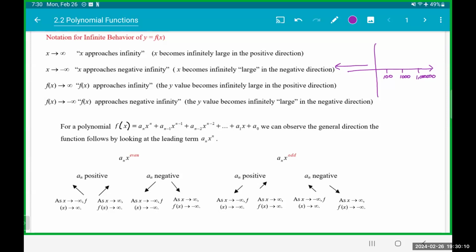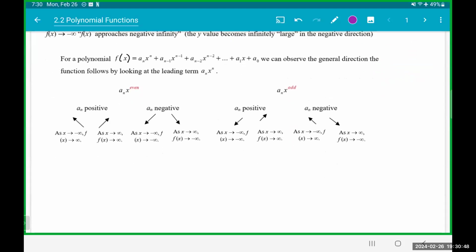Similarly, f of X approaches infinity in the positive direction, or upwards. It means that the Y value is becoming infinitely larger in the positive direction. And if f of X approaches negative infinity, Y is going to become infinitely large in the negative direction. Okay?